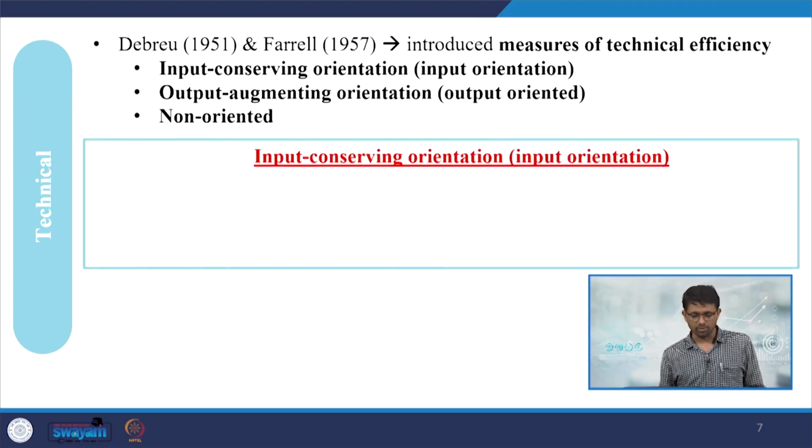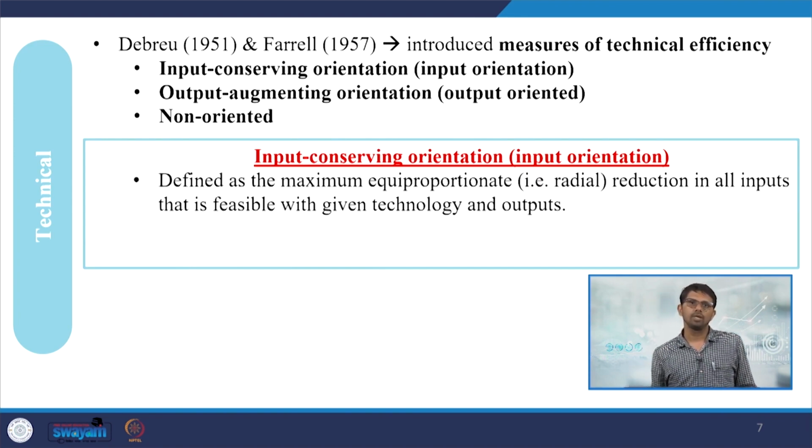Now, starting with input conserving orientation, that is the input oriented model. This is defined as the maximum equiproportionate reduction in all inputs that is feasible with given technology and output, and this is usually identified as the radial distance.